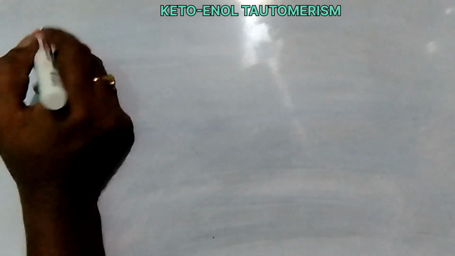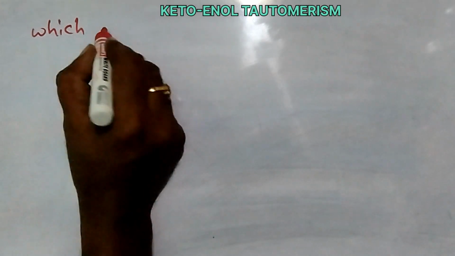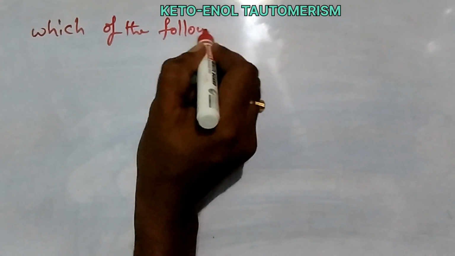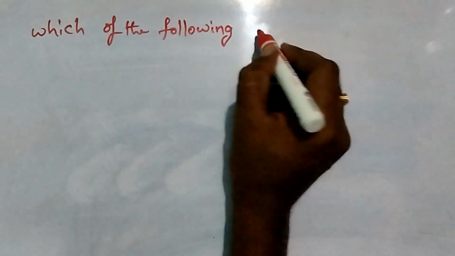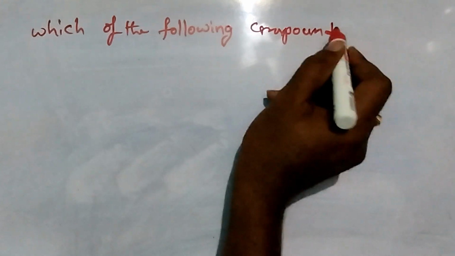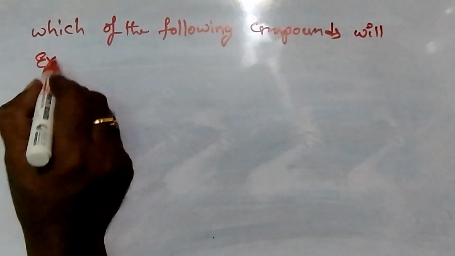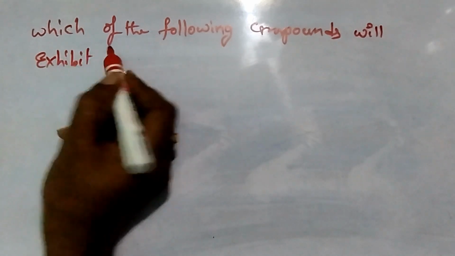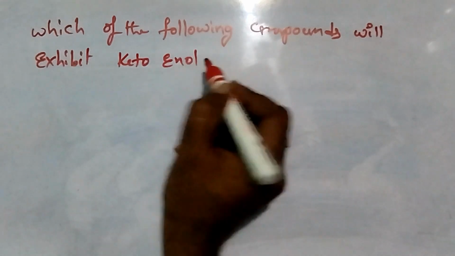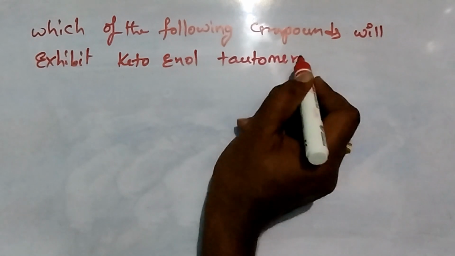Which of the following compounds will exhibit keto enol tautomerism?